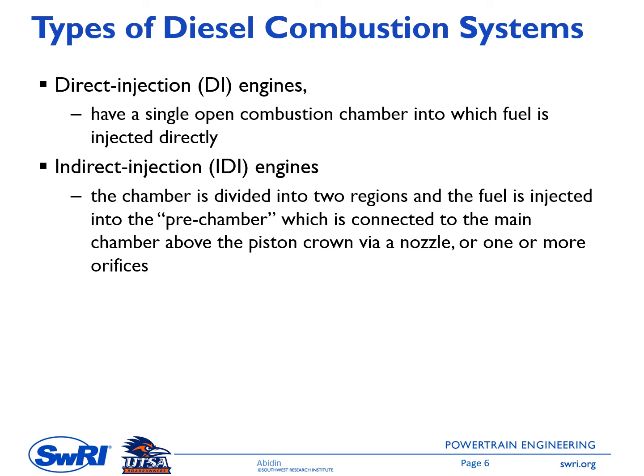Then the flame propagates through the nozzle and flows out to the main chamber, looking like a flame jet. This indirect injection system is usually used in small diesel engines.